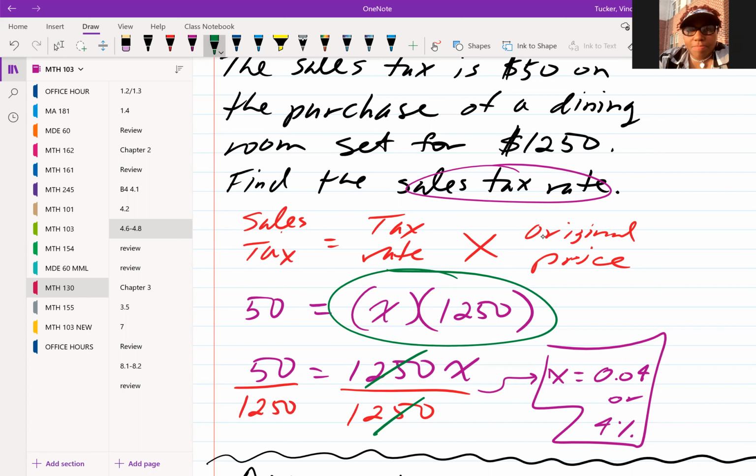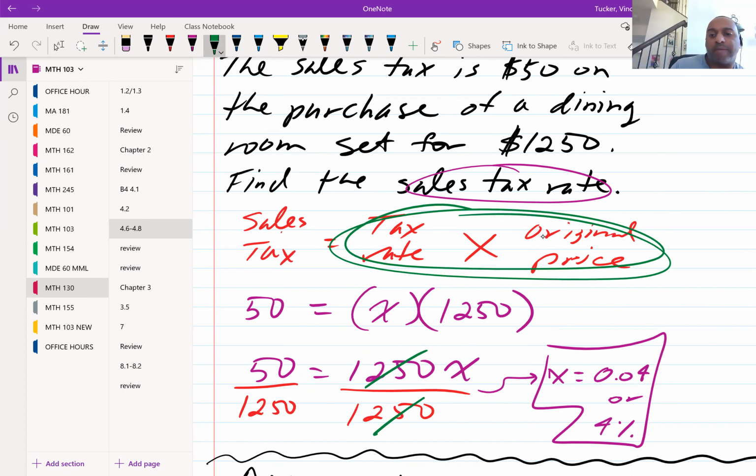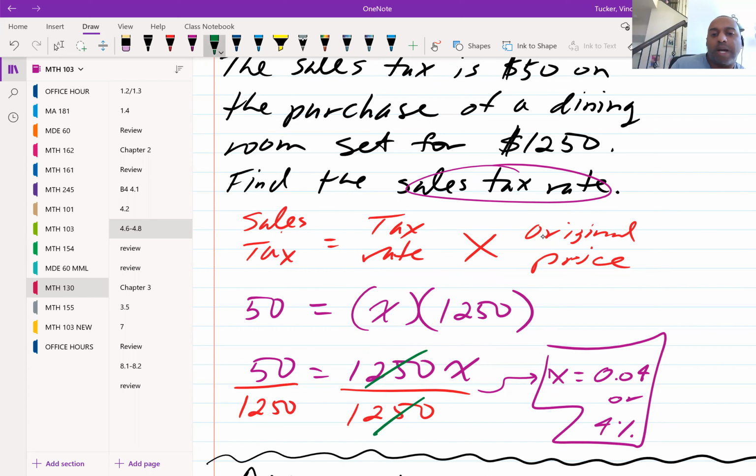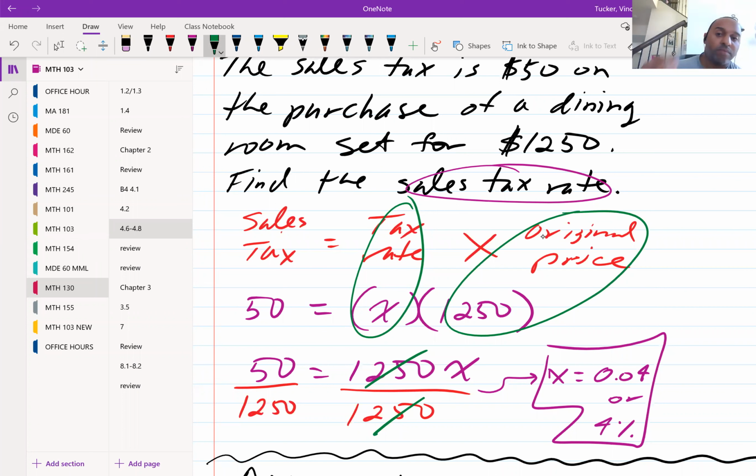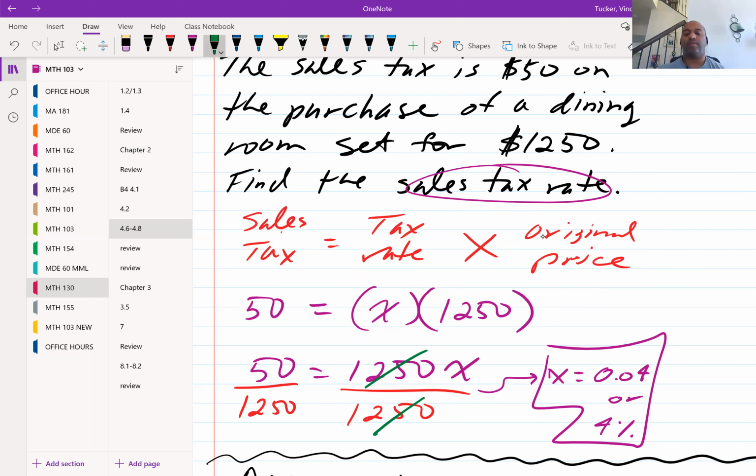Yeah, that's parentheses, because the formula is the tax rate times the original price. I don't know what my tax rate is, so that's why I call it X, and my original price is 1250. So that's 50 over 1250 equals.